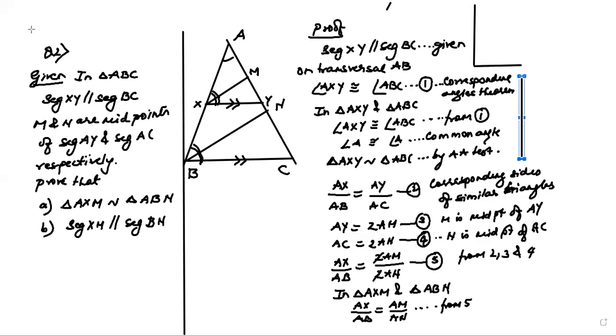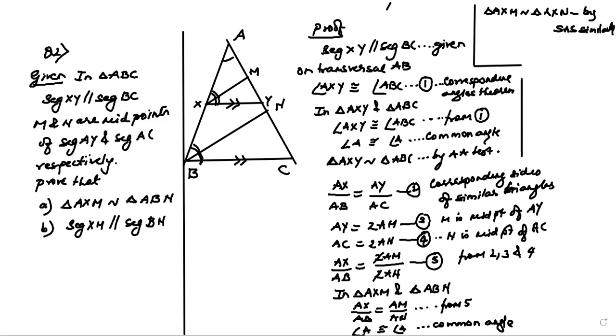You can see this angle A is common to angle A. Common angle, children. So can I say both these triangles are similar by SAS test of similarity? Triangle AXM is similar to triangle ABN by SAS test of similarity. So the first part of the proof is over, children.